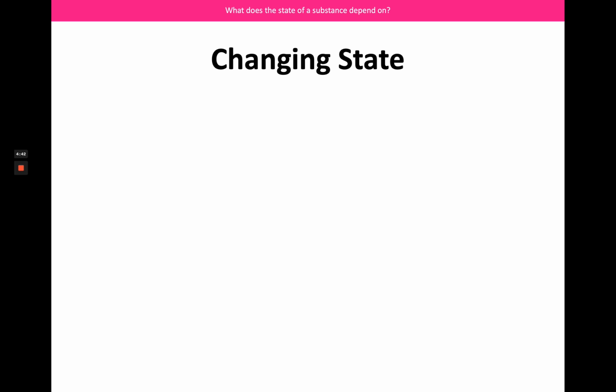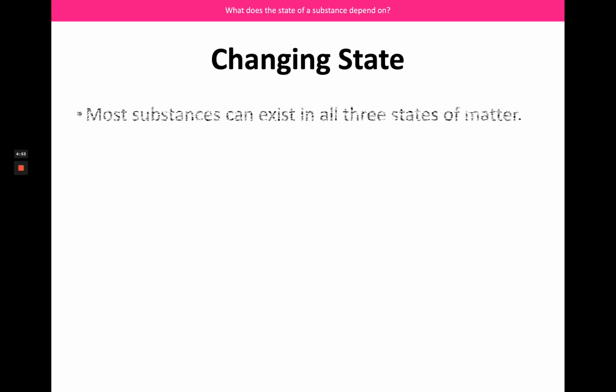Something else that you should have done in Year 4 is the idea that we can change state. So we can go from a solid to a liquid, or we can go from a liquid to a gas, or vice versa. So it's important to recognize that most substances, the vast majority, can exist in all three states of matter. It doesn't mean they do naturally, but the possibility of them existing in any of those three states is important.